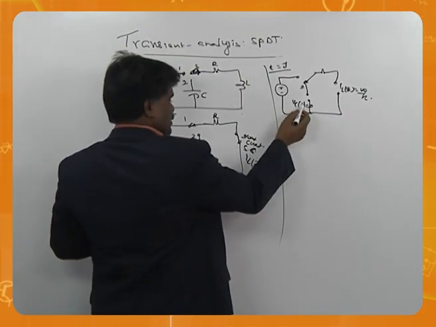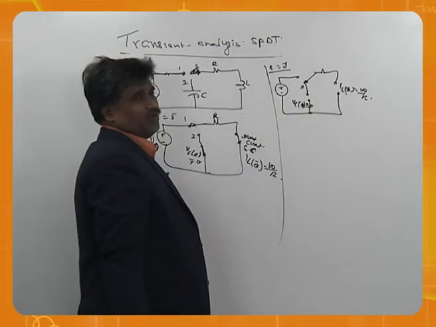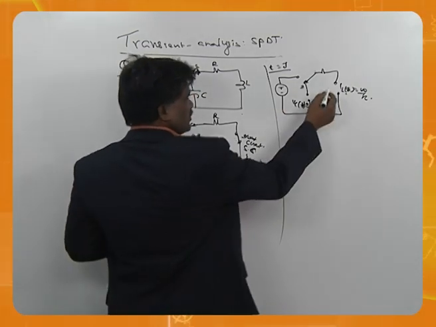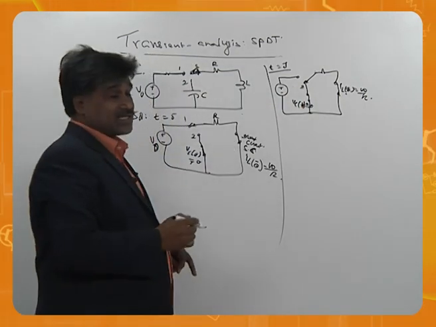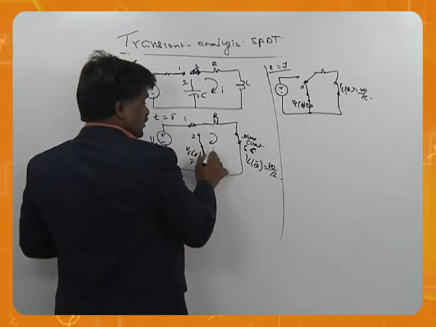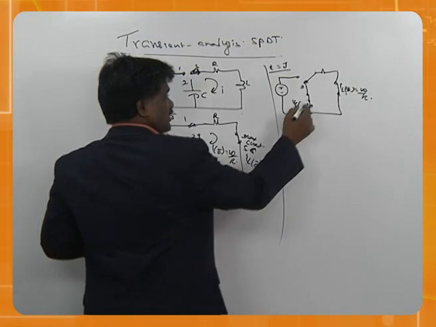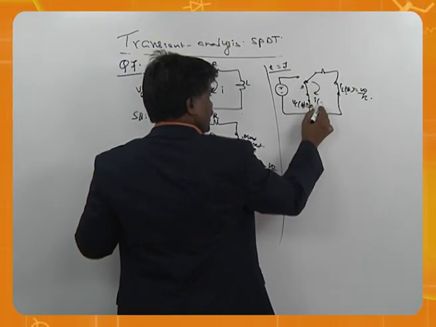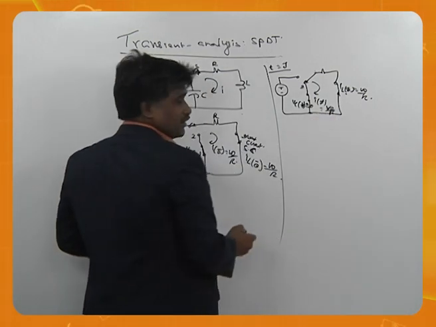Inductor voltage will not change, capacitor voltage will not change, inductor current also will not change. That means I should call it as short circuit, this also short circuit. Where is the current he is asking? He is asking current here. Therefore, I of 0 minus is V naught by R. Here also I of 0 plus is V naught by R.